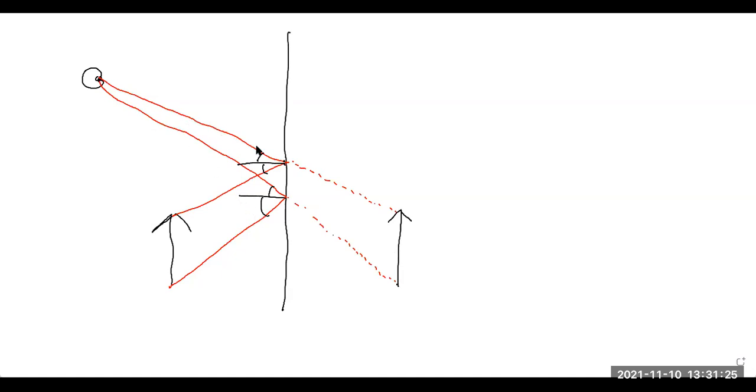So for the light to travel the same distance that it did before in the seeming way to get to this image and the way the light actually traveled, the only way for that to work out is for the distance between the mirror and the object, which we can call our object distance, to be the same as our distance between the mirror and the image, which we shall call our image distance.